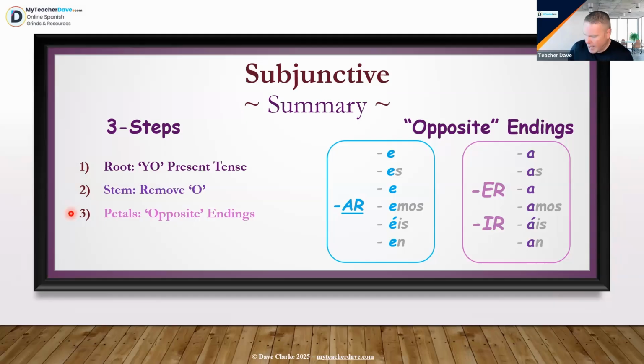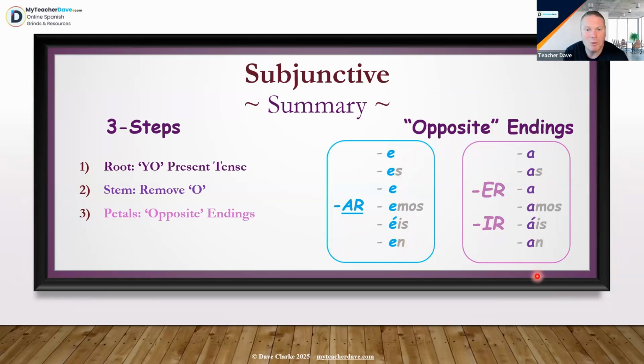For AR verbs, they all have an E in them. And for ER and IR verbs, they all have an A in them.